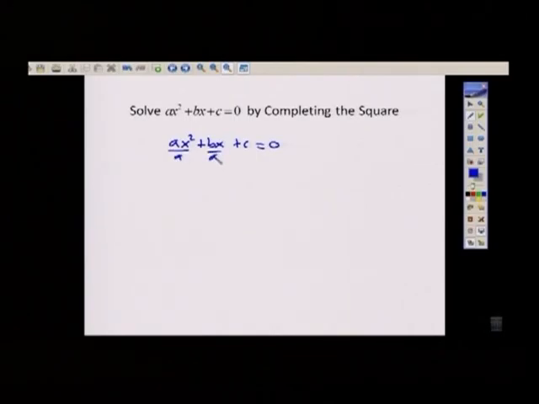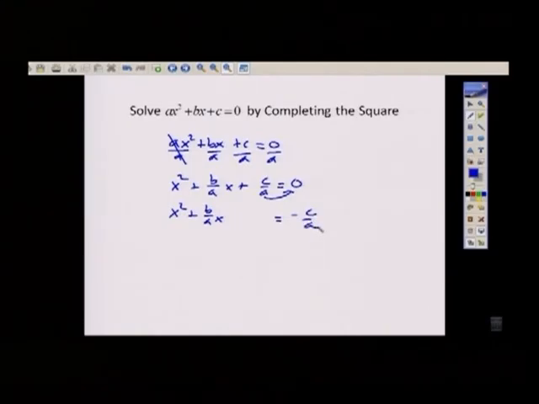The first step still was, we want the coefficient of the x squared to be 1. So I divide everything by a. I'm going to get x squared plus b over a x plus c over a is equal to 0. And then I need to move the constant. So x squared plus b over a x is equal to negative c over a.